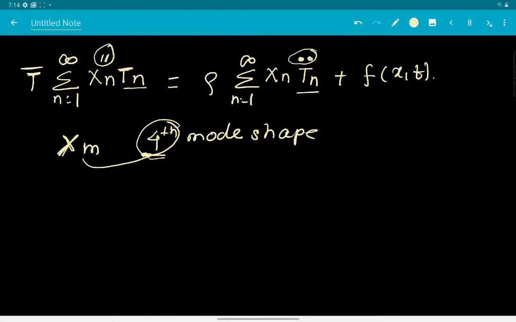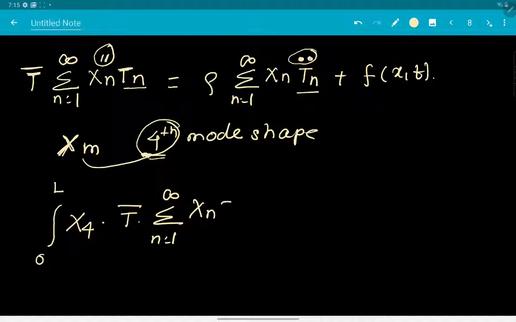If you multiply by the fourth one, I'll also be integrating. Then what I'll get is integral from 0 to L, then I have X4, then this T bar, then the summation n ranging from 1 to infinity of Xn Tn, and this entire thing needs to be integrated with respect to dx.